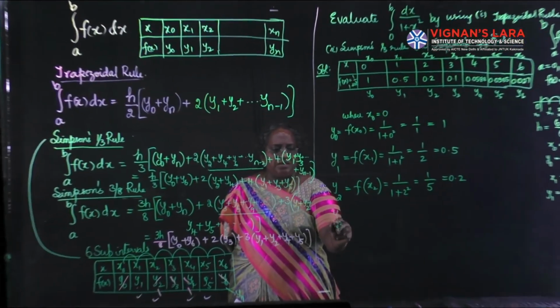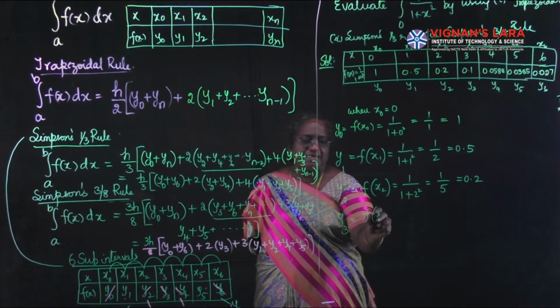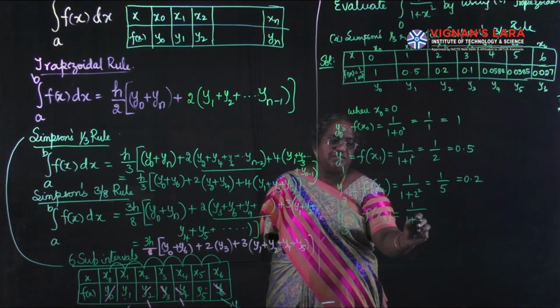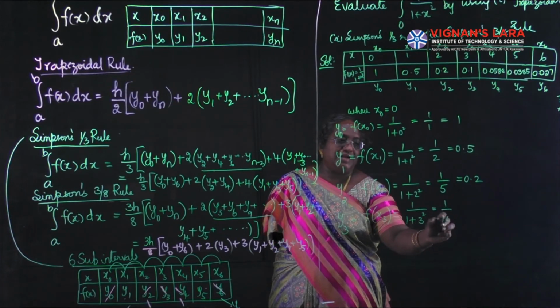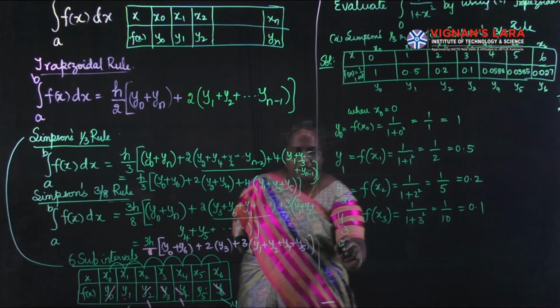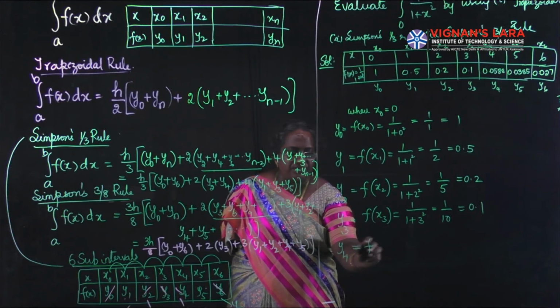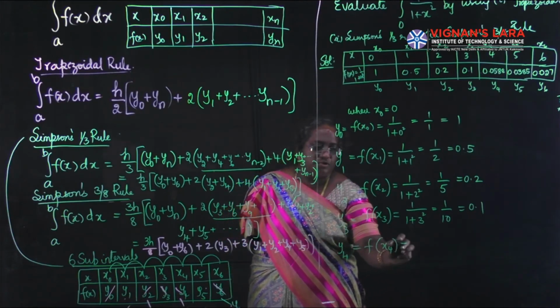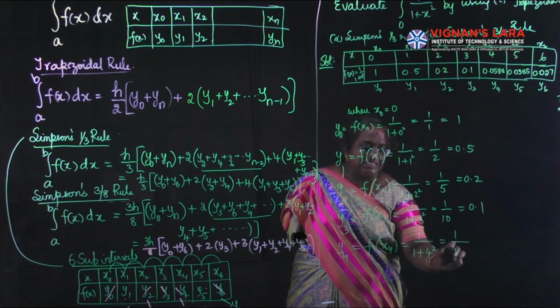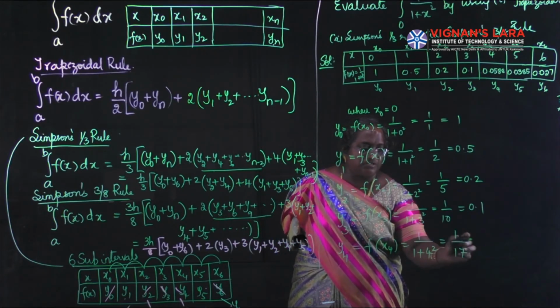Similarly y3. y3 is f at x3. What is our x3? x3 is 3. 1 plus 3 square. So it is 1 by 10. 9 plus 1, 10. So it is 0.1. Next y4. y4 is f at x4. So this is 1 by 1 plus 4 square. It is 1 by 17. 4 4s are 16 plus 1, 17.